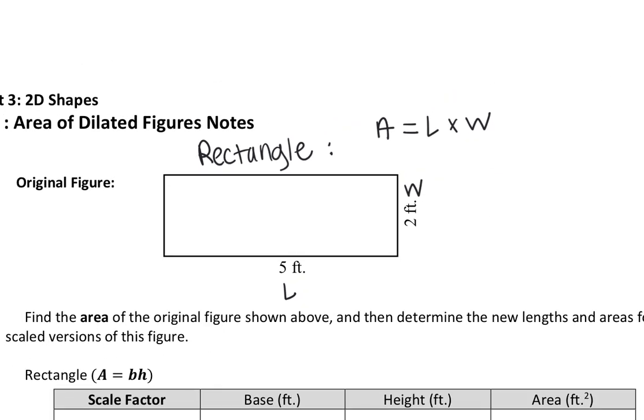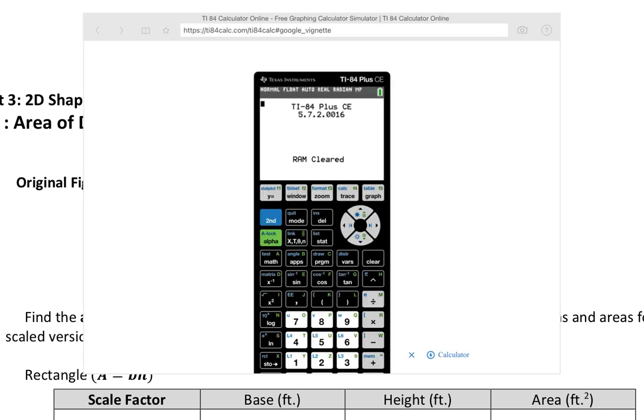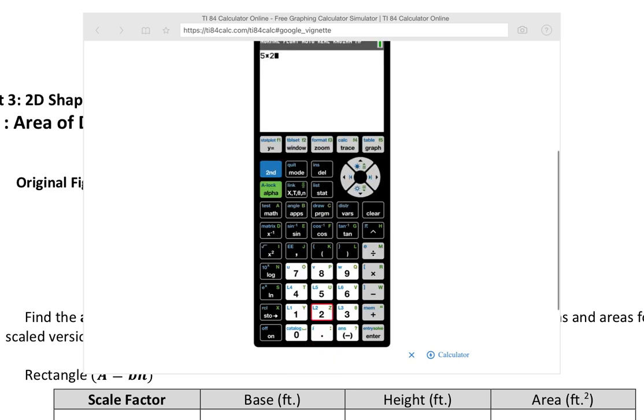Okay, so let's find out the area. Area equals 5 times 2. Okay, so 5, which is a length, multiplied by 2, which is a width. If I use my calculator, and let's bring it in. If I do 5 times 2, if I'm multiplying, I get 10.